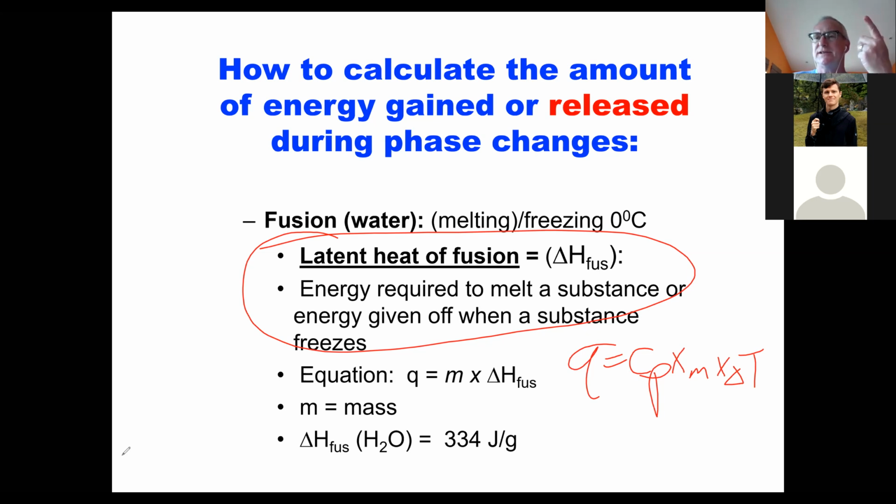And in this instance, here's our calculation of Q for when something's freezing or melting. And you'll notice that it's different from the Q we've been using. What's different about this particular form of the calculation of Q and the one we've been using before?